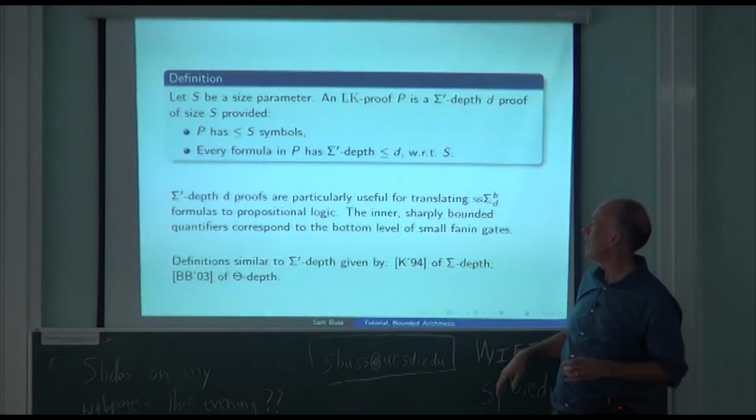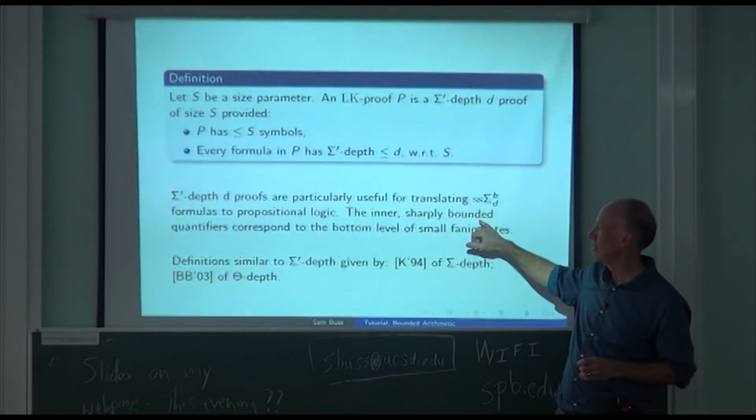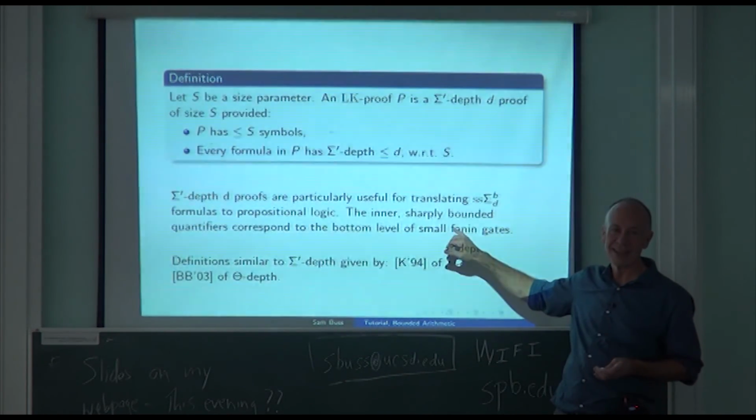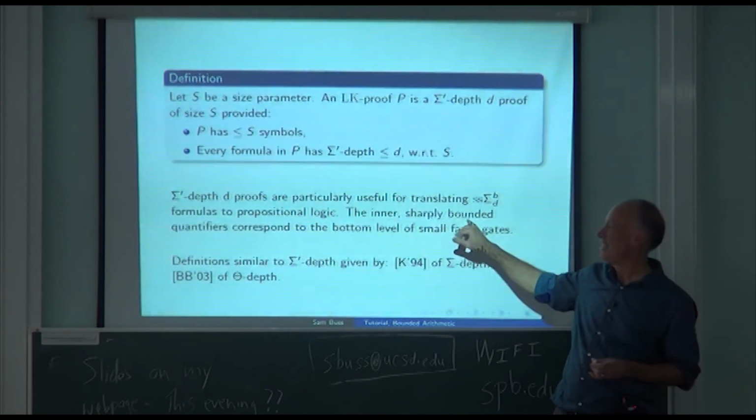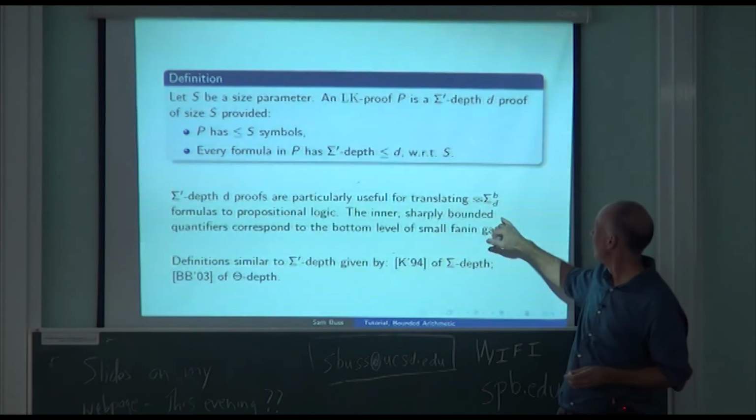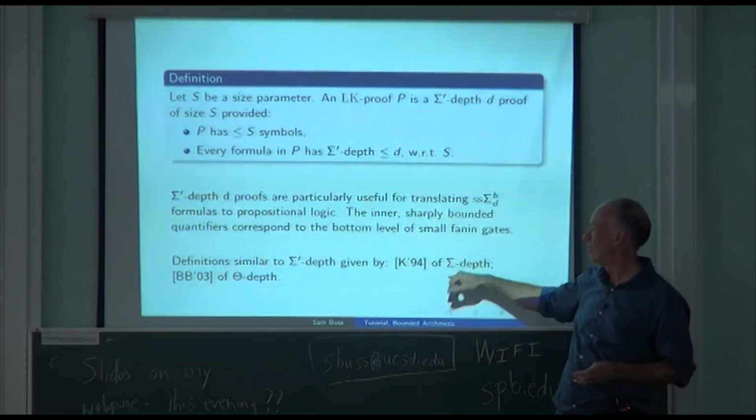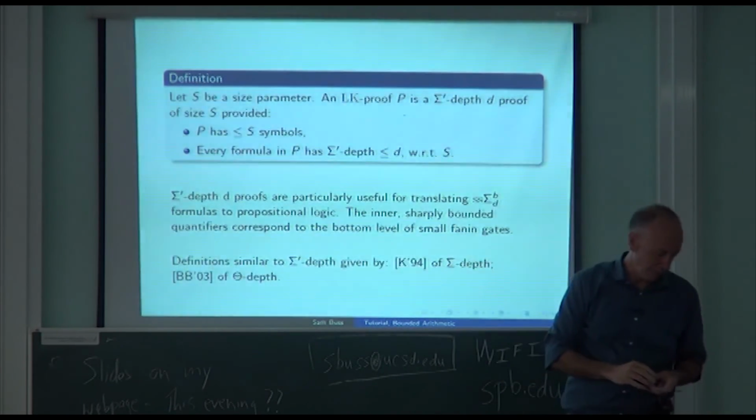And as I just answered for Marco, these things are particularly useful for translating strictly sharply bounded sigma B D formulas. The definitions are essentially due to Krajíček from '94.